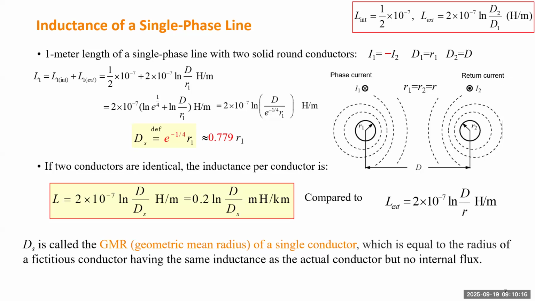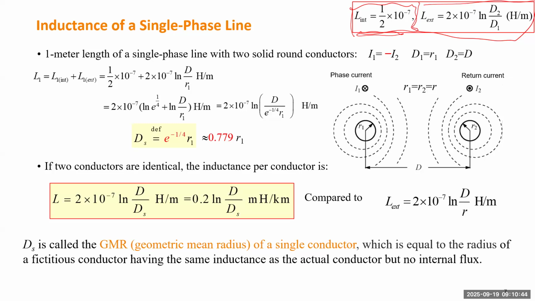The approach we took, we first investigated the flux linkage inside of the conductor, and we found a formula which indicates how the inductance is calculated based on the flux linkage inside of the conductor. And we also have the inductance depending on the flux linkage outside of the conductor.